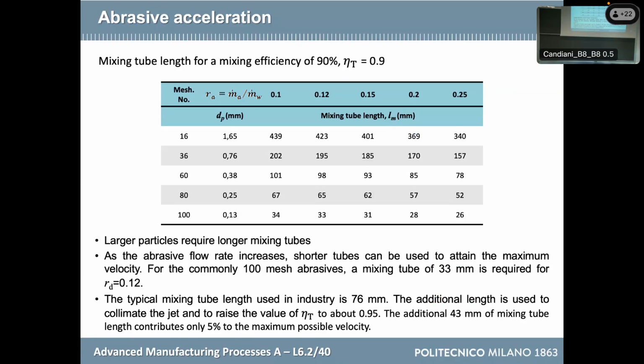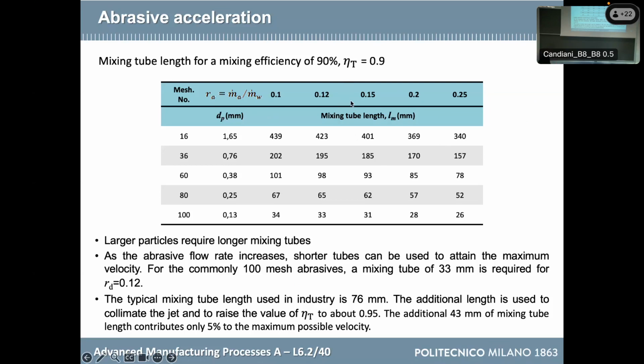But what we want to get is the velocity of the jet. And if we stop at an efficiency in terms of velocity of 90%, we can define the length of the focuser. And we see here the parameters that are playing a role, also because of the previous equation. We see, for example, the role of the loading ratio.